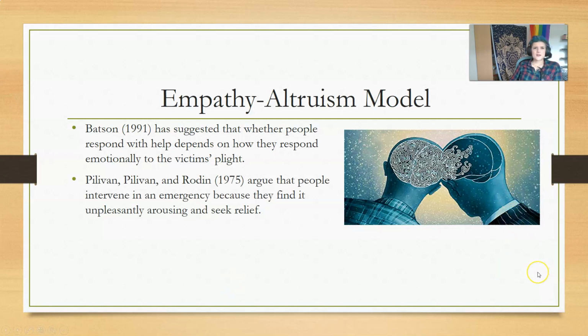Piliavin and Rodin argued that people intervene in an emergency because they find it unpleasantly arousing and seek relief, similar to what we discussed with hearing the crying child on the train. According to this perspective, the specific emotion of empathy is critical, and that's why it's called the empathy-altruism model, because empathy ultimately may lead to altruism.